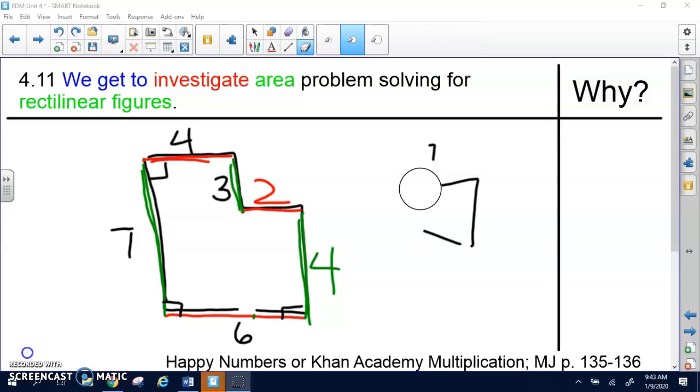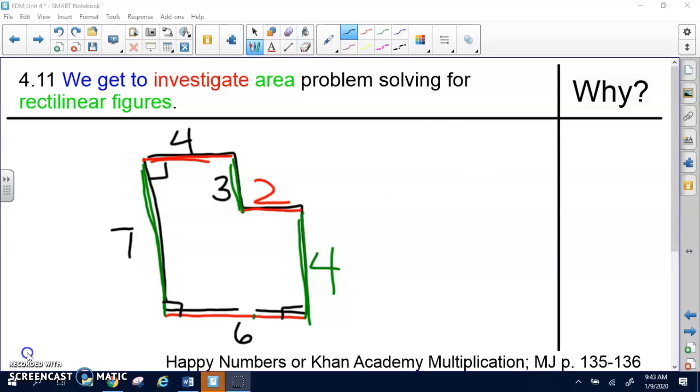They're obtuse angles, and it changes the length. So when we call this rectilinear, we're also referring to the idea that these are 90-degree angles, which keep the lengths equal. So that's just step 1, finding the missing lengths.